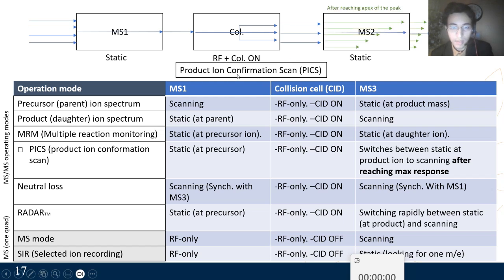Then you have the product ion confirmation scan, or PICS. It's the same as MRM, but at the highest intensity, or after the highest peak of your detection, the last quadrupole starts going through a scanning mode. Why do we do this? Because it's a confirmation mode.